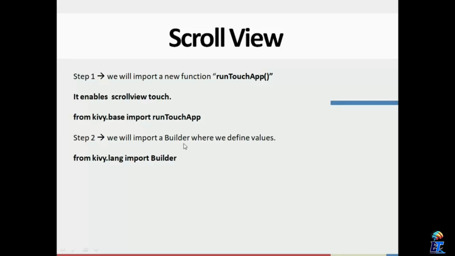Then we'll import Builder, where we define values such as the text and its size, height, and the scroll view x-axis value, y-axis value. All the steps we are going to define in the builder. For using that, we are going to import Builder from kivy.lang, which is another Kivy library file.